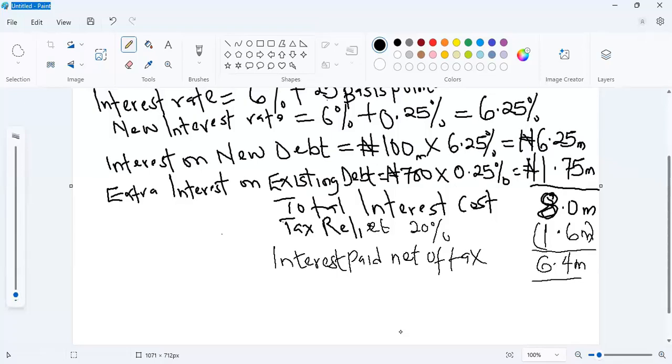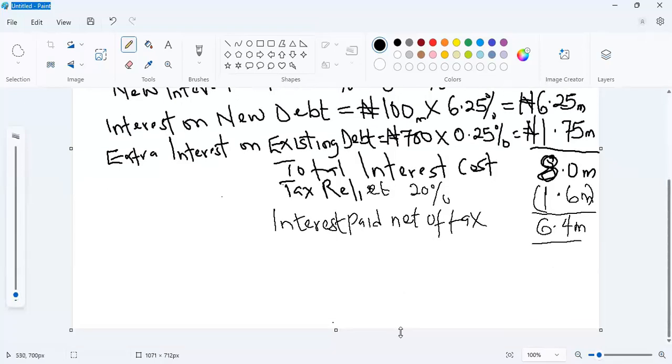That means by borrowing a further 100 million, our interest increases by 8 million. We are going to enjoy tax relief. The tax relief will reduce the interest cost we paid. Then we are going to pay interest paid net of tax, 6.4.